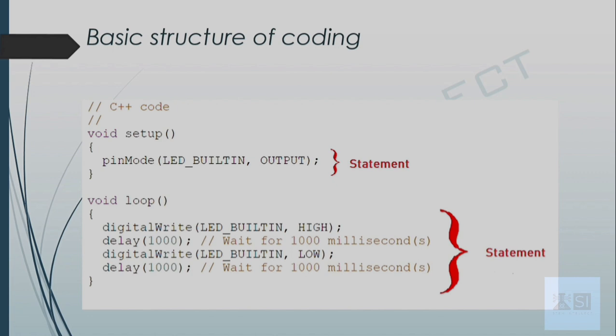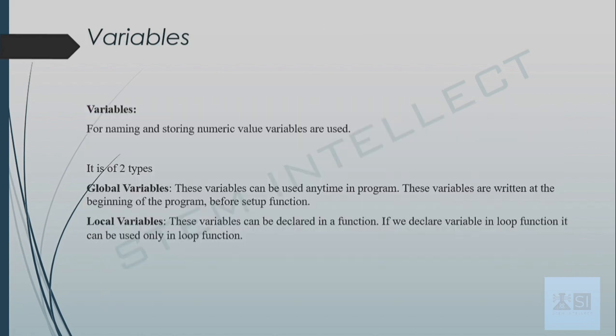Next is how to write the coding, and in this particular part, the structure. We will start with variables. So the first thing is variables. Variables are used for naming and storing numeric values. They are further of two types: global variable and local variable. Global variables can be used anytime in the program.